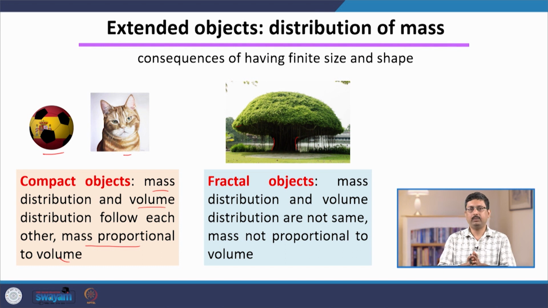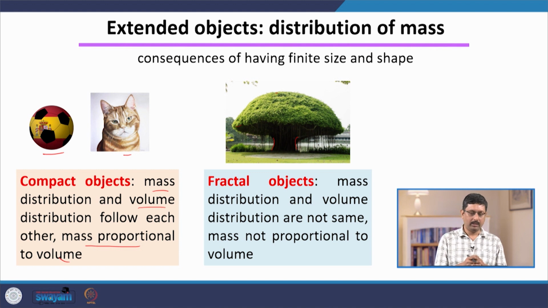So this is an example of a shape in which the volume distribution and mass distribution are separated. For trees, it is no longer true that if you double the volume, you double the mass. You can double the volume by increasing the number of leaves, but that is not going to add much to the mass. On the other hand, you can double the mass by making the trunk thicker, but it is not going to add much volume to the tree. These kinds of objects are called fractal objects.